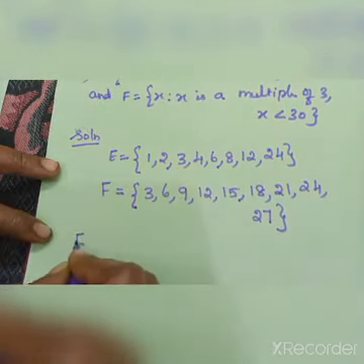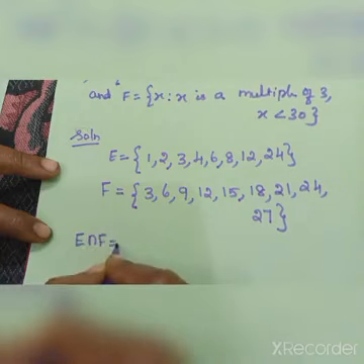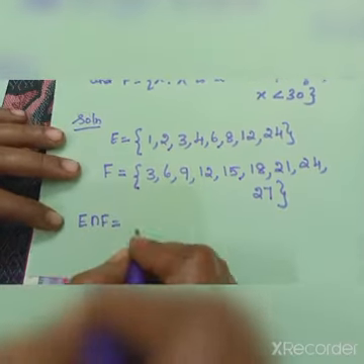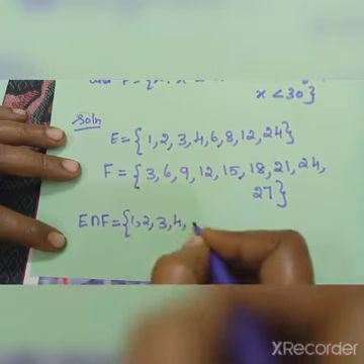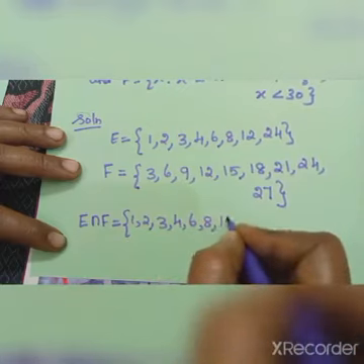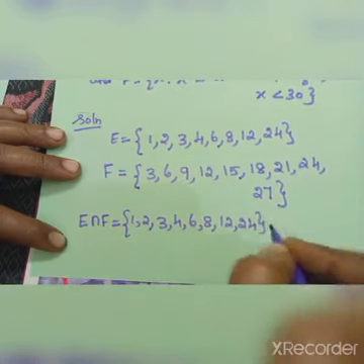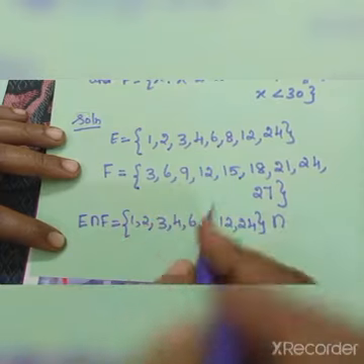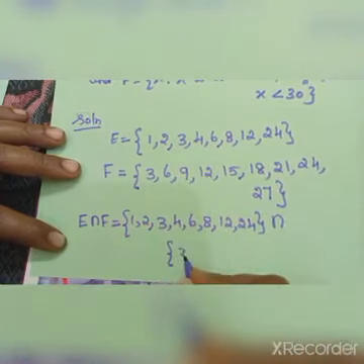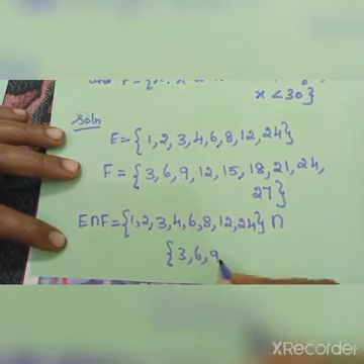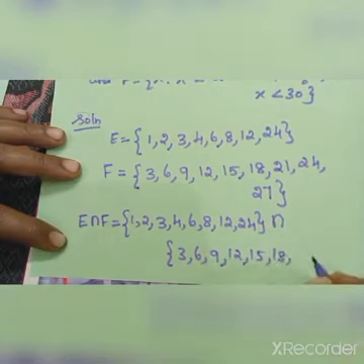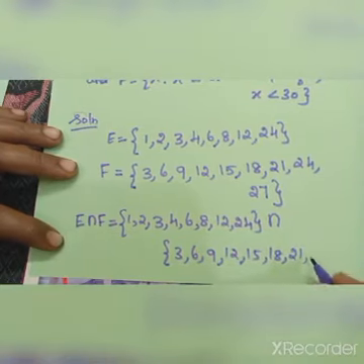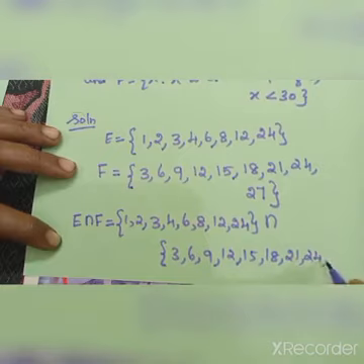So for that, E intersection F is equal to E set, that is first {1, 2, 3, 4, 6, 8, 12, 24}, intersection, next F set, that is {3, 6, 9, 12, 15, 18, 21, 24, 27}.